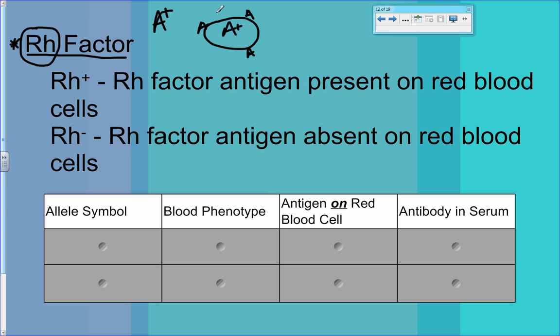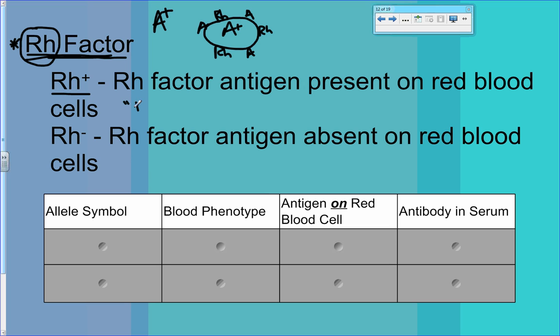So the alleles that we use are Rh plus. So the allele Rh plus says that you're going to have Rh factor on your blood cells. So again, if you are what we'd consider positive blood type, the genotypes you could get would be Rh positive, Rh positive, or you could be Rh positive, Rh negative.